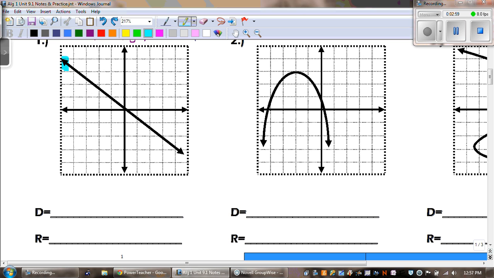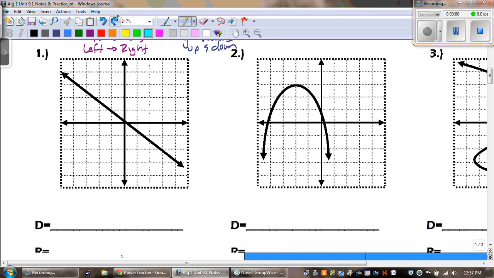That arrow means that this line just keeps going, with no stopping or starting. So our domain, the set of x's, since we don't know where it starts or stops, is all real numbers.